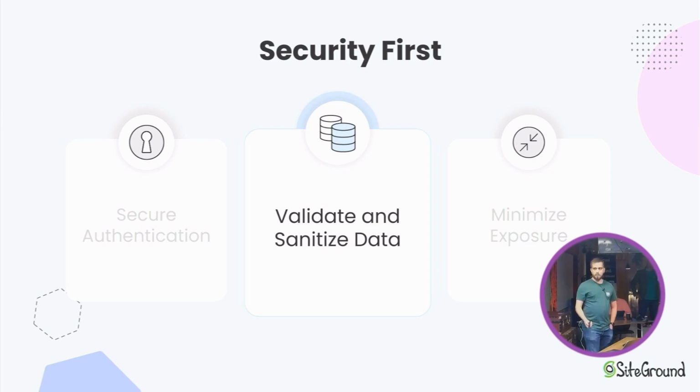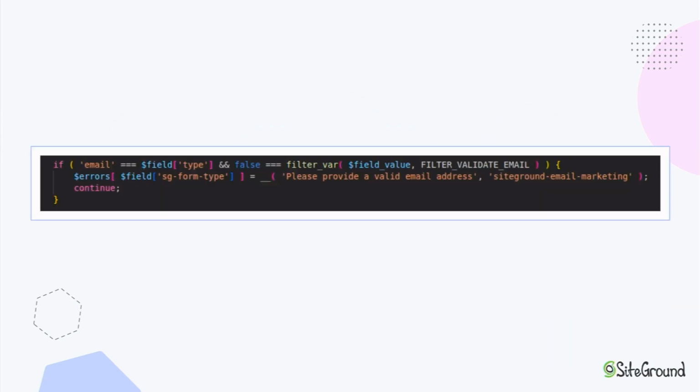You can use WordPress functions for that. They are awesome for it. You can use escape HTML or escape attribute or wp_kses. These are all functions that will help you sanitize and validate data before outputting it on the front end or before entering it into the database.